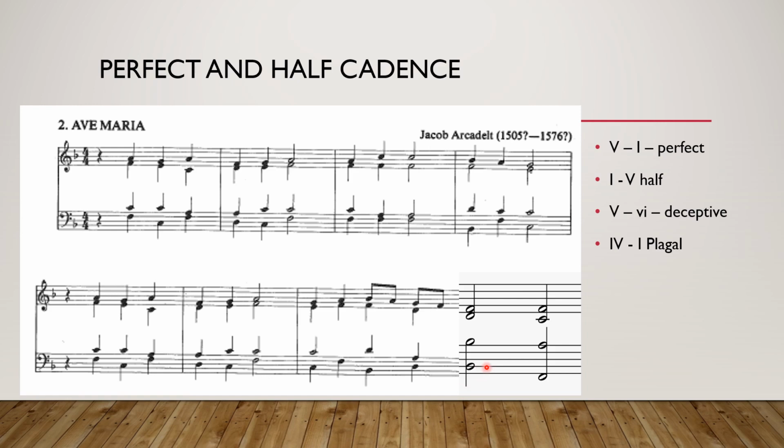Here we've got a B flat, Fa, La, Do, La, Fa, going to the Do, Mi, So, Mi, Do. And if you think about those notes, we've got Fa, La, Do, and only the La and the Fa are moving. Fa, Mi, La, So, and the Do stays the same.